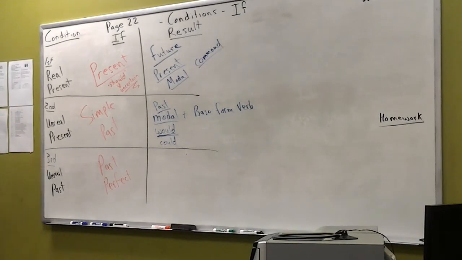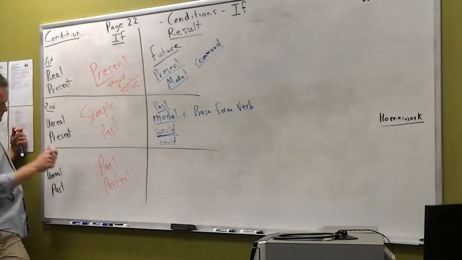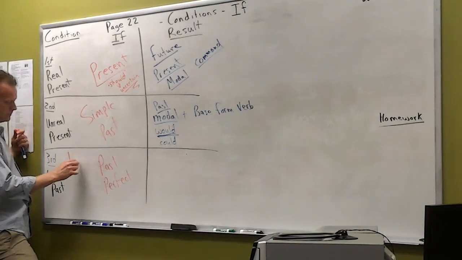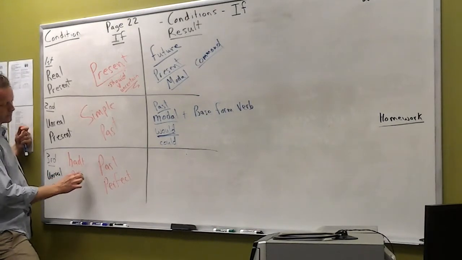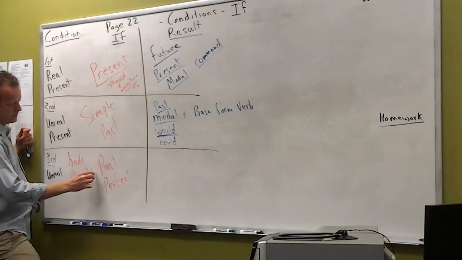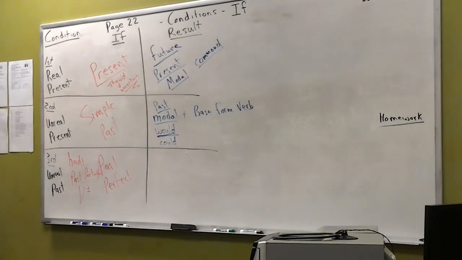All right, for a third class, unreal in the past, in the if clause, I need a past perfect, right? How do I make past perfect, by the way? Plus past participle. I like verb 3. Verb 3 is cool, right? Past participle.